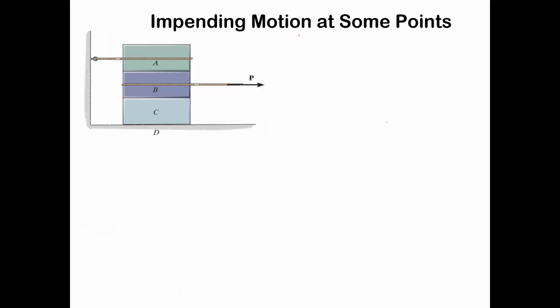So the idea is we start by considering the situation where P equals 0, and obviously the blocks are in equilibrium. And the idea is we're going to just increase P until something happens.